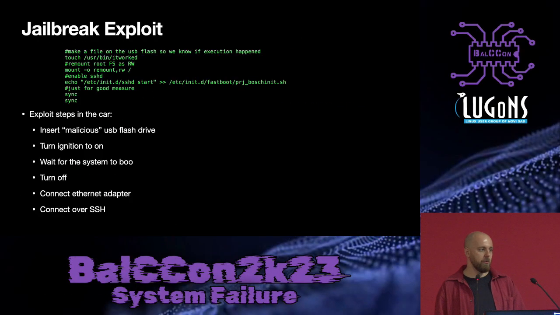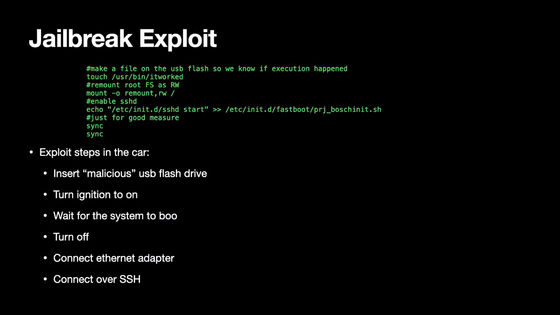So the quote-unquote jailbreak exploit for this sort of device is super simple. You make a USB file system that exploits this vulnerability that just runs a command that enables SSH and drops the firewall and reboots the machine.